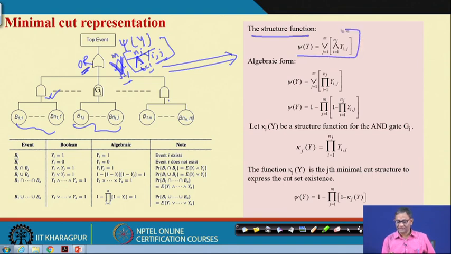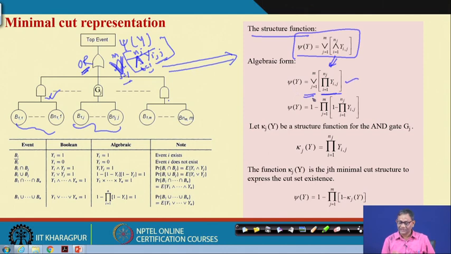So, that is what is written here. psi y equals union over j equal to 1 to m, then intersection i equal to 1 to n j, y i j. This can also be represented like this, where the intersection is nothing but the multiplication, i equal to 1 to n j.